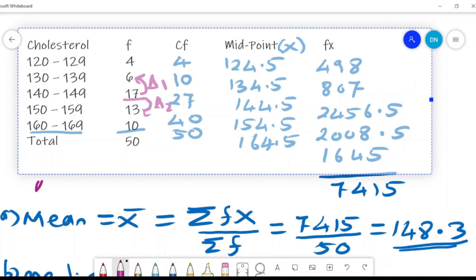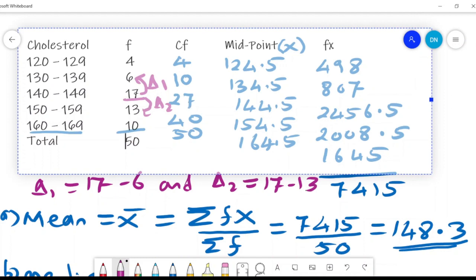So delta 1 is you take the frequency of the modal class and subtract the frequency of the class lower to it.